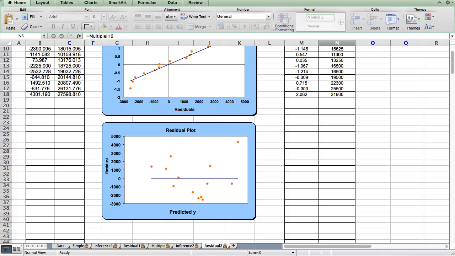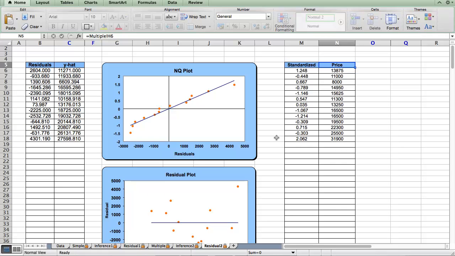But we don't have any clear drift, and let's see if that one is strong enough to be an outlier. That would be here, and it only has a standardized value of 2.062. So the model seems to be okay, satisfying those required model assumptions and relatively free of any regression outliers.